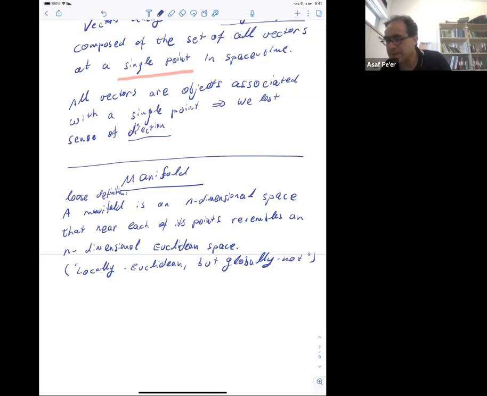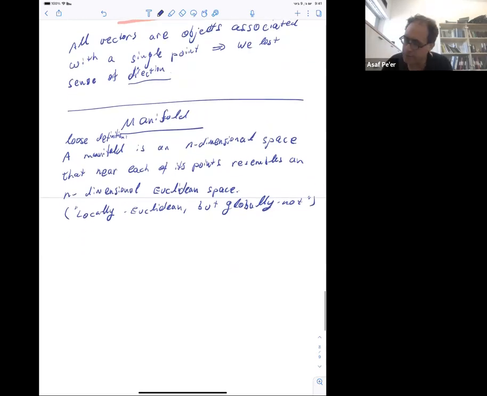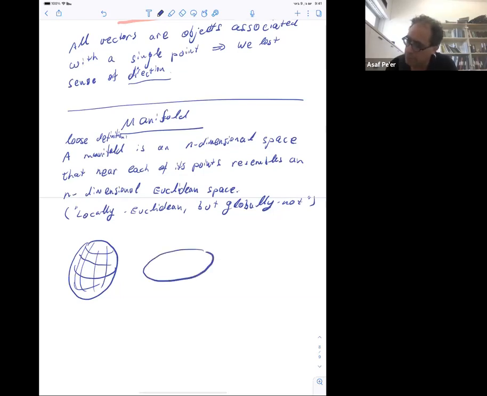The classical example is the n-dimensional sphere, like the surface of the Earth. That, by the way, is called genus 0. Another example would be a bagel, a torus.